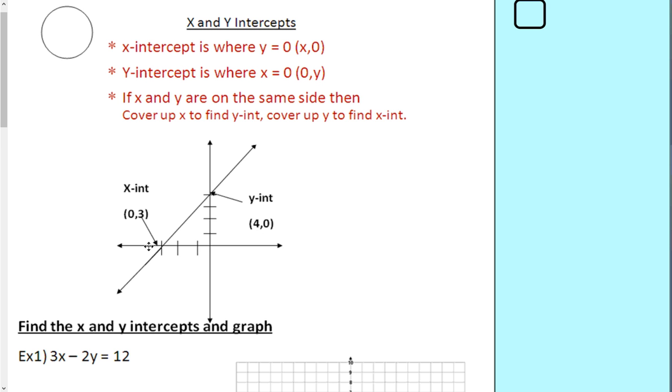Notice here, and you can see this in the notes, and I will fix this in your class, but these are actually flip-flopped. That's a real bad no-no. This is actually 0, 3. Oh my goodness, messing that up.